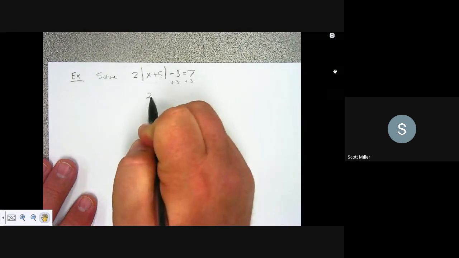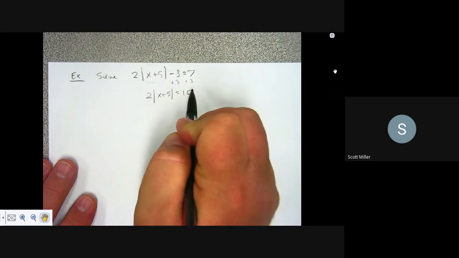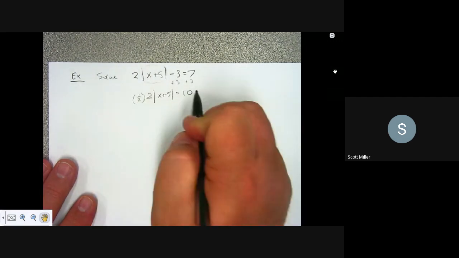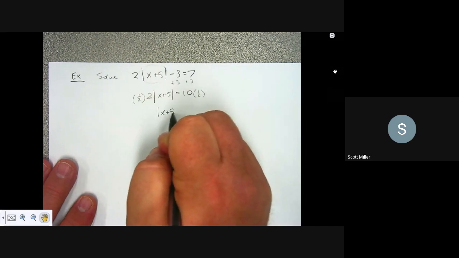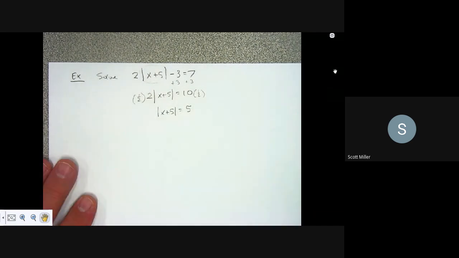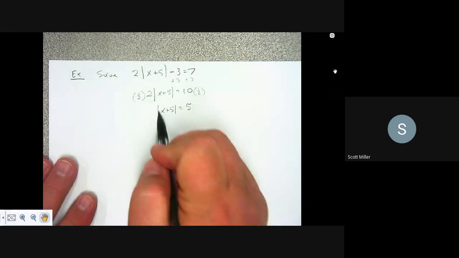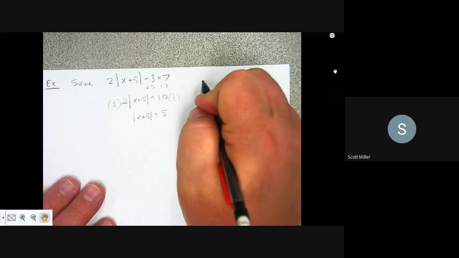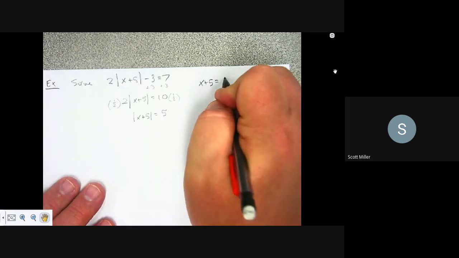Now I have 2 times the absolute value of x plus 5 equals 10. You want to get rid of the 2, so if I multiply both sides by its reciprocal, which is 1/2, then I get the absolute value of x plus 5 equals 5. Now I need to split this absolute value into two equations. The first one: drop the absolute value, and you get a positive answer.